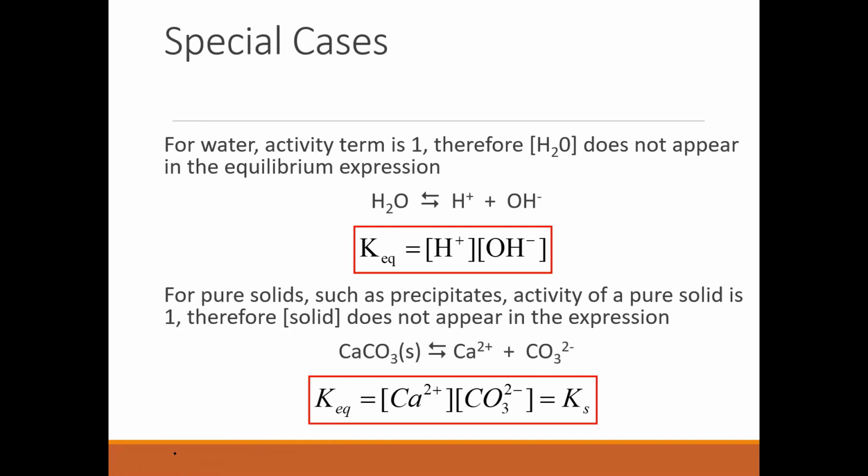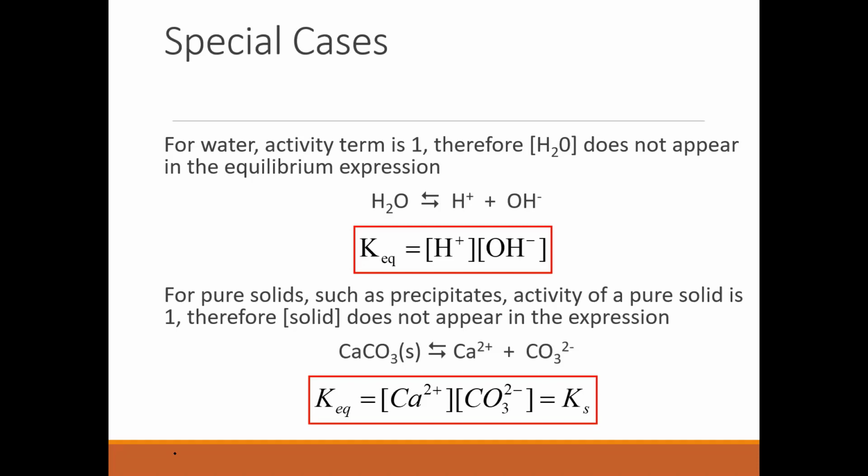Now, these are actually developed not for molar units, but for activities. We use molar units. Those of you that took 481 have done some calculations there where you looked at activities.